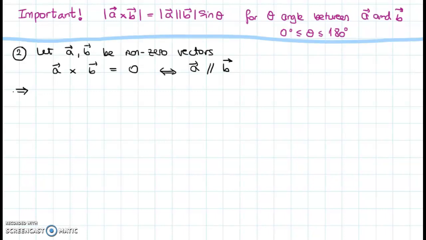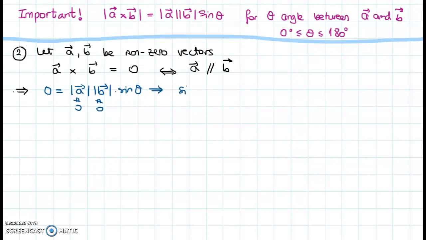If we know that the vector product is equal to 0, then that means that the length of that vector is 0, but that gives us, applying our formula, that 0 has to be the same as the length of A times the length of B times the sine of theta. And the length of A is not 0, and the length of B is not 0, because those are non-zero vectors.